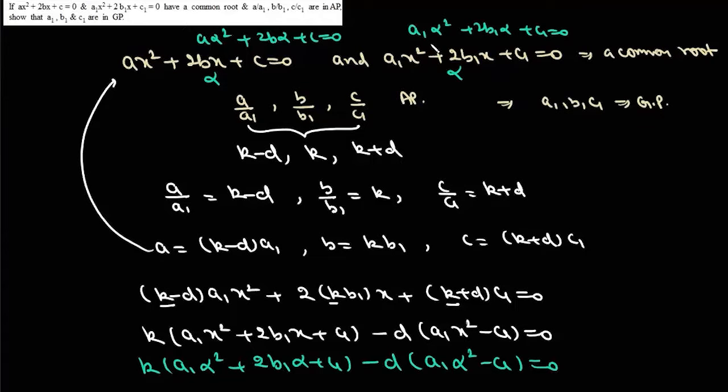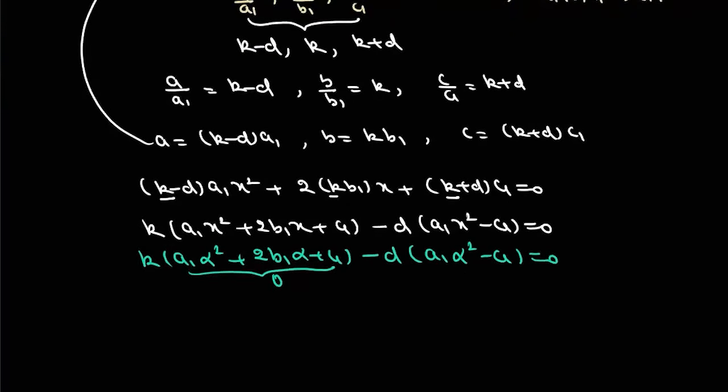Now we know that a1 alpha square plus 2b1 alpha plus c1 is 0, so this value will be 0. So from here the condition that we'll get is a1 alpha square minus c1 equals 0, or alpha square is c1 by a1, that is alpha is under root c1 by a1.